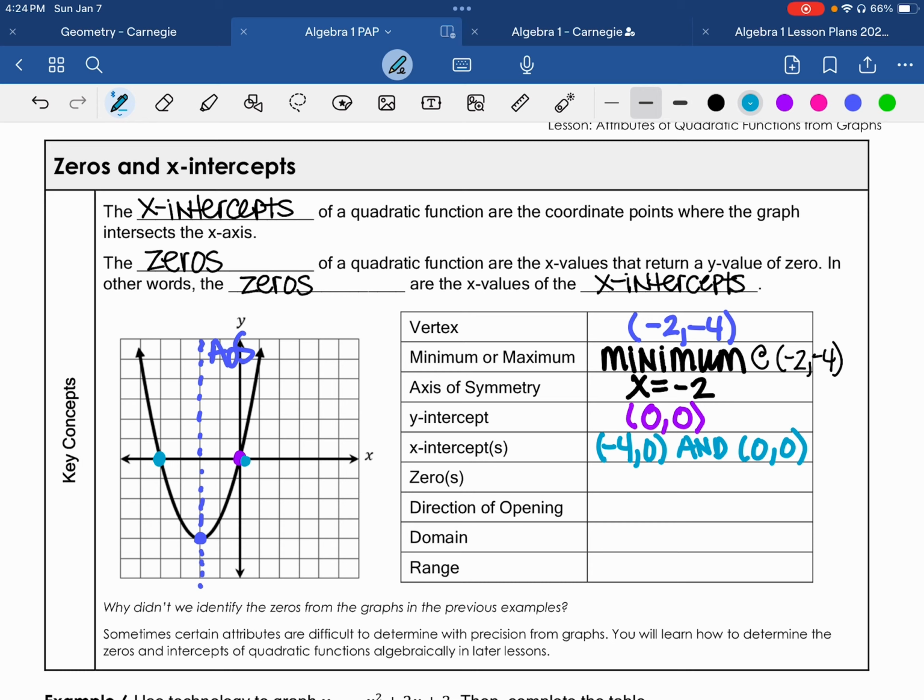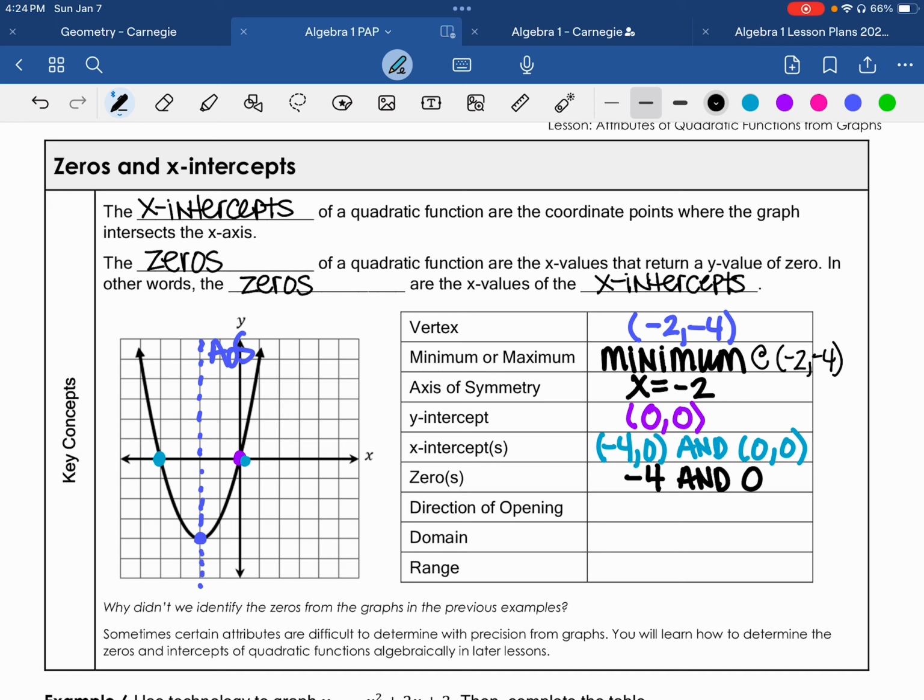Yes, a point can be both the y-intercept and the x-intercept if it is the origin. Now, my zeros are going to be the x values of my x-intercepts. So I'm going to have 2 zeros, one at -4 and one at 0.